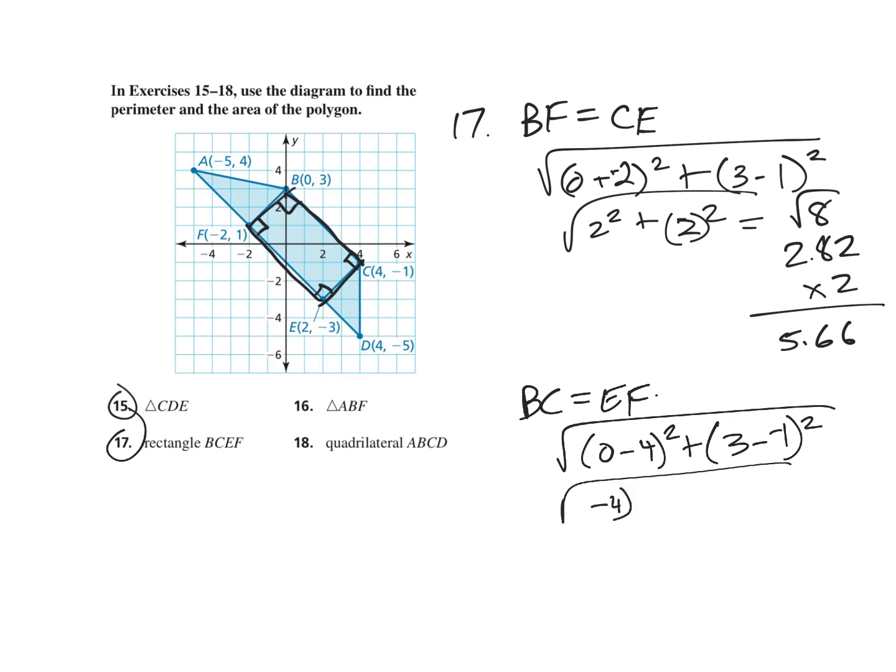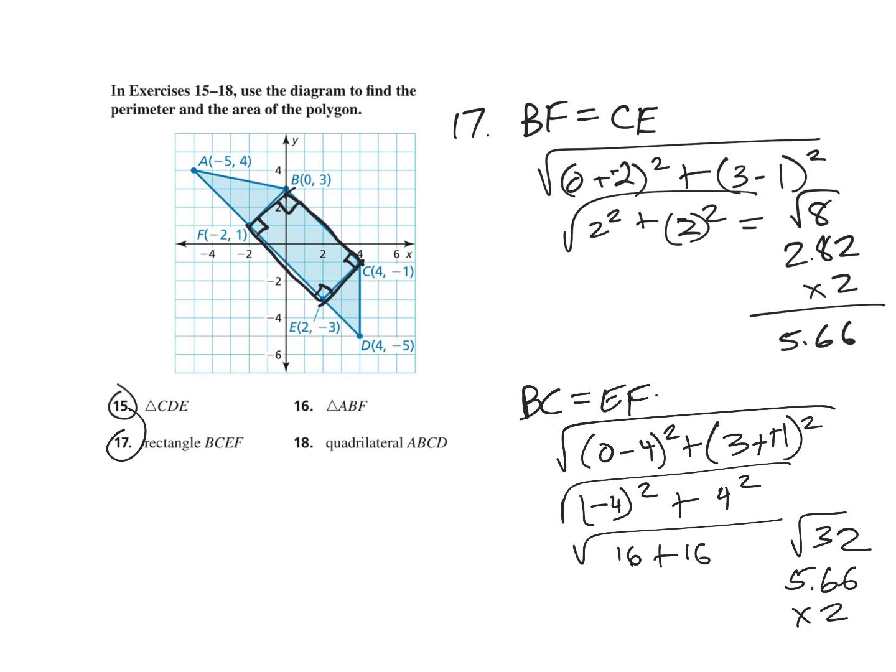So -4, and change, that's 4. So 16 is 16. Remember, everything's positive when you square it. So 16 plus 16, that's the square root of 32. So let's go ahead and figure out the square root of 32, which is 5.66. But you have to multiply that by 2 because you have 2 of them.